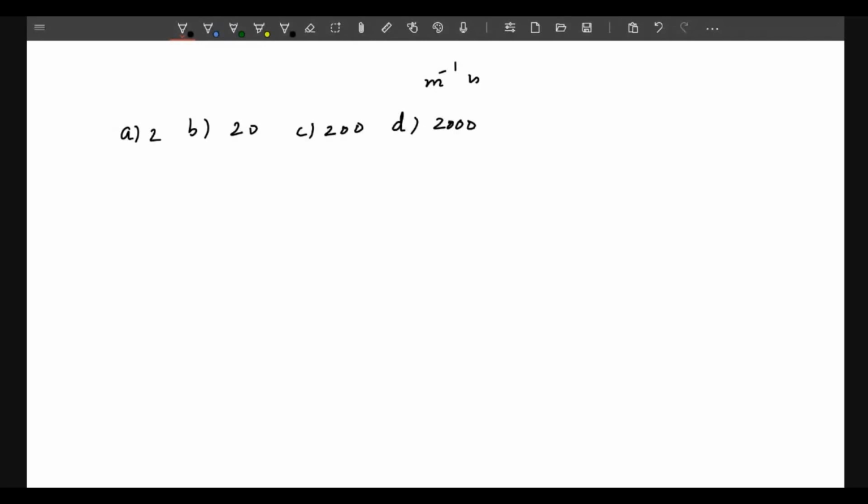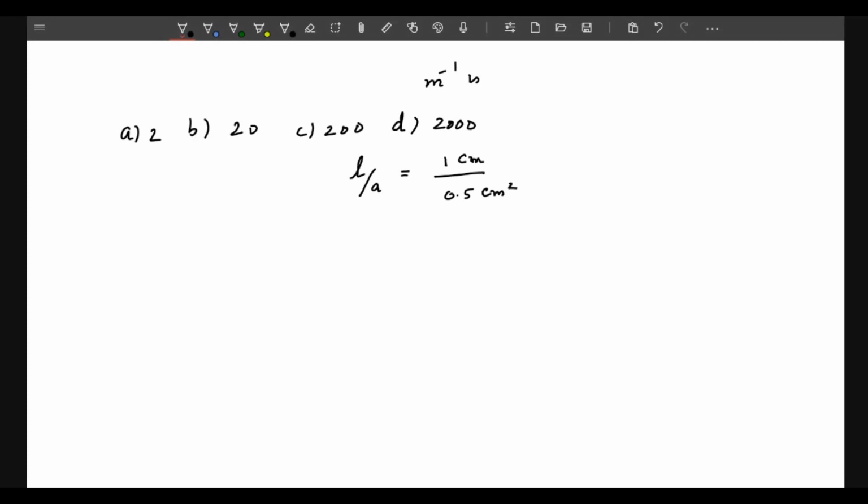Here the cell constant is simple, but this type of question would not be asked in CSIR because it is below your dignity, and this standard is very, very low. But here it is given, so 1 centimeter apart divided by the area 0.5 centimeter square.